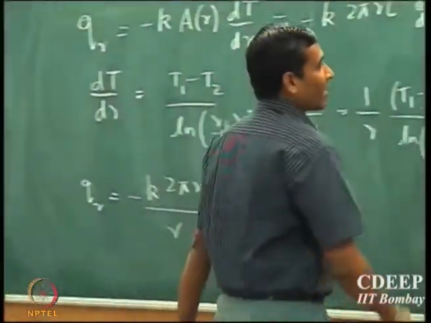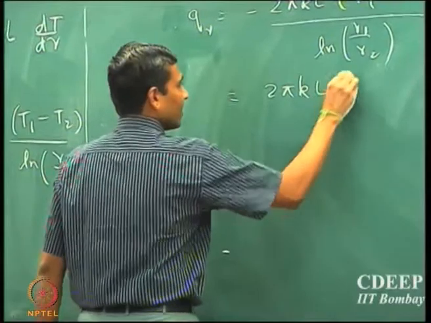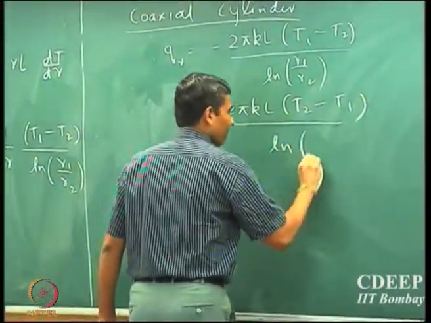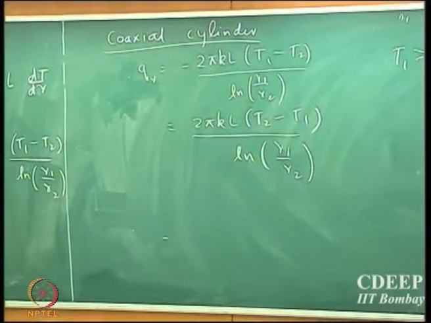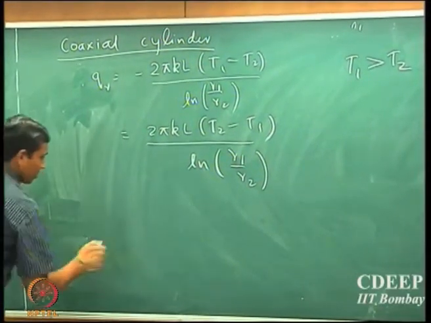Okay. Alright, so I can simply write it as 2 pi kL into (T2 minus T1) divided by ln(R1 by R2), and once again I could define the resistances the way I have done before, right.